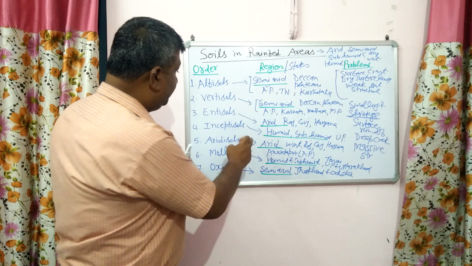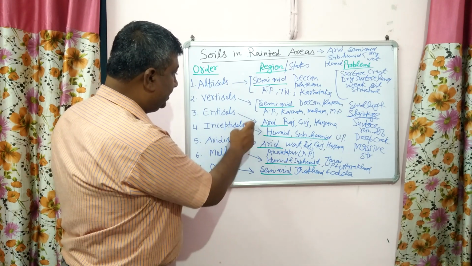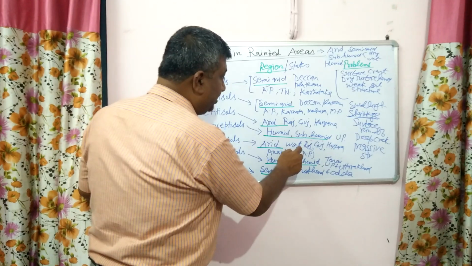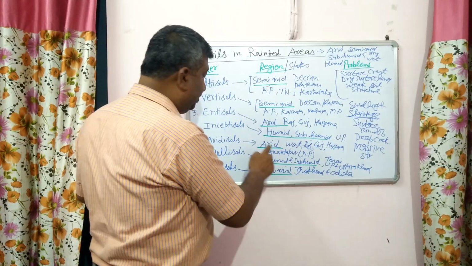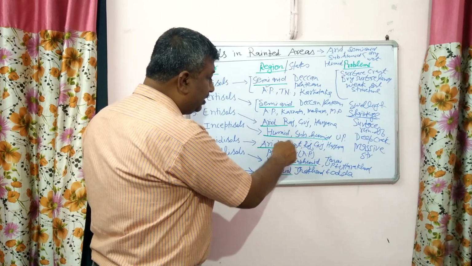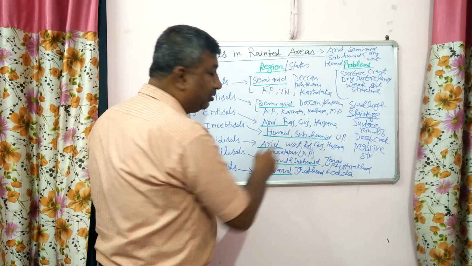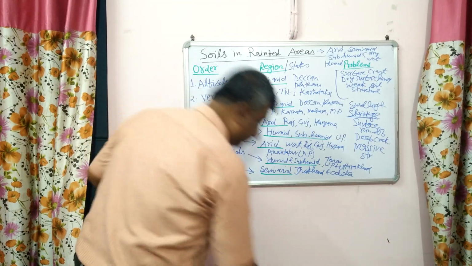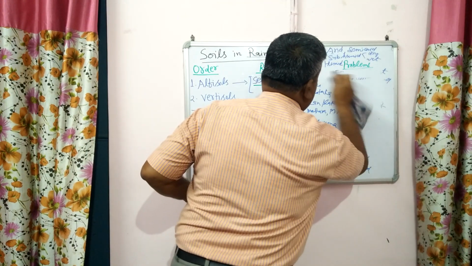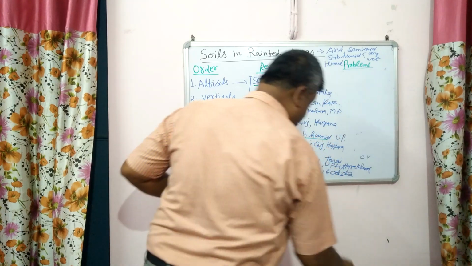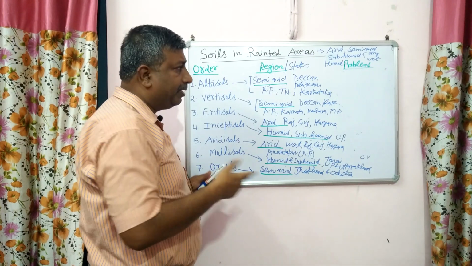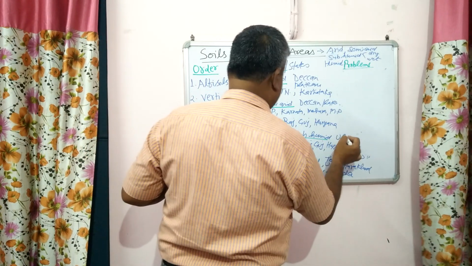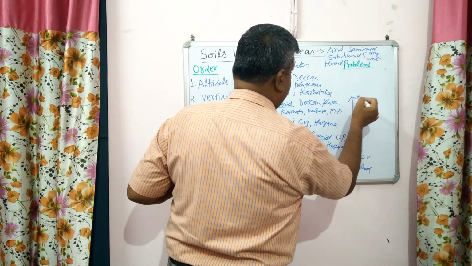In aridisols, the problem is the same as in case of entisols, but these are in the west Rajasthan region and some parts of Gujarat, where the problem of desertification occurs. Poor nutrients and low organic matter content are the common problems, but the specific problem with aridisols is desertification.